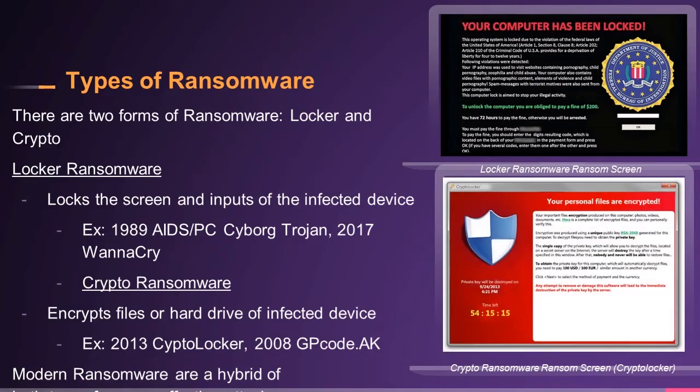On the top left, you can see an example of the crypto ransomware ransom screen, showing the victim that their files have been locked, forcing them to either lose their files or pay the ransom shown on the ransom screen. However, over recent years, these categories have become somewhat irrelevant, as modern ransomware is a hybrid between the two versions, being able to lock the device while the malware is encrypting the files on the machine.